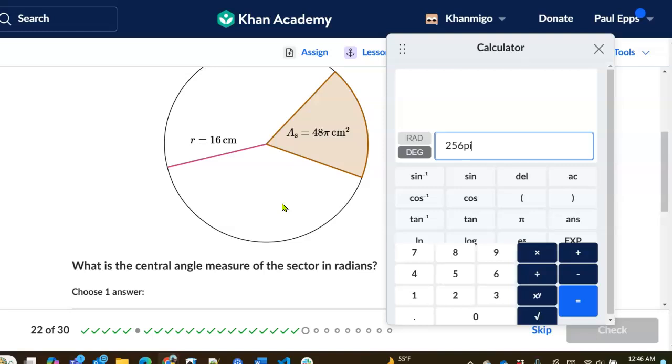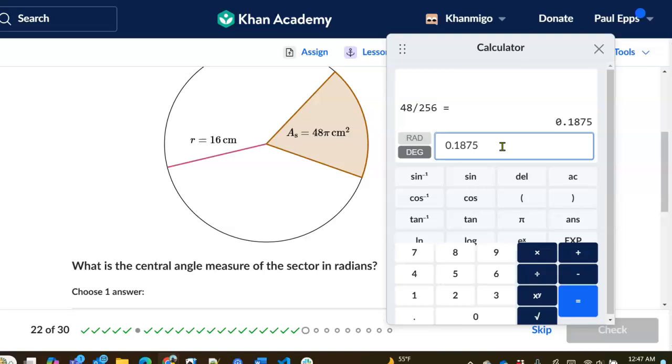So first of all, we've got to get what fraction of the circle the 48 pi represents. And so we can get that with 48 divided by 256, 0.1875.